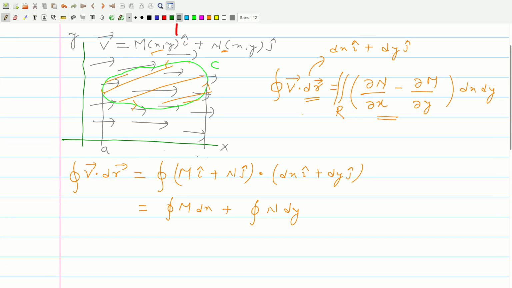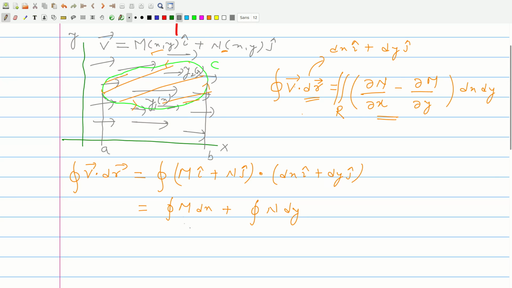So this is point A, this is point B. So x is traveling from this point up to this point, and then again it is coming back via the upper curve. Let's call the lower curve y1 as a function of x, and the upper one y2 as a function of x.